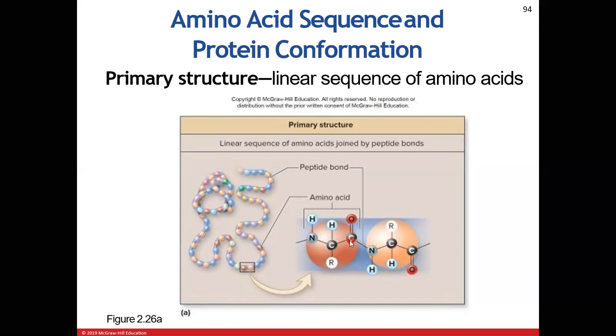You'll see how the carbon of the carboxylic acid group binds to the amine group of the next amino acid, and here again, we form our peptide bond. We do this throughout the entire length of the chain. Remember, proteins tend to be upwards of over 200 amino acids bound together, so we just have this complete series of amino acid sequence put together.